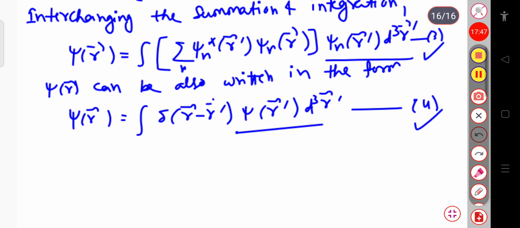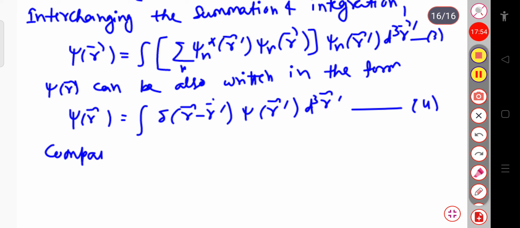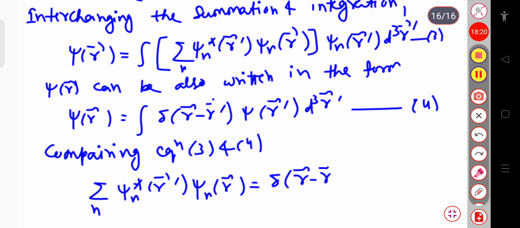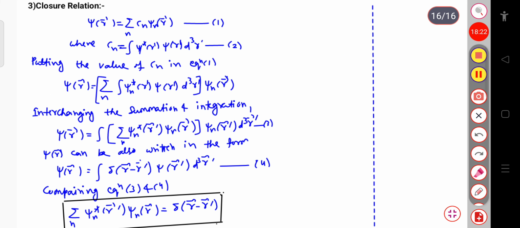So comparing equation 3 with 4, we can write the sum over n of psi n star of r prime into psi n of r vector is equal to delta of r minus r prime. So this is called the closure relation.